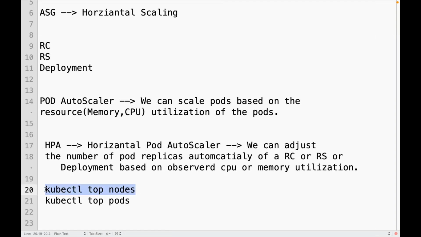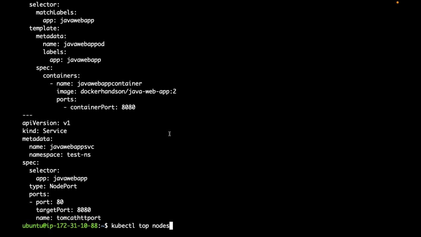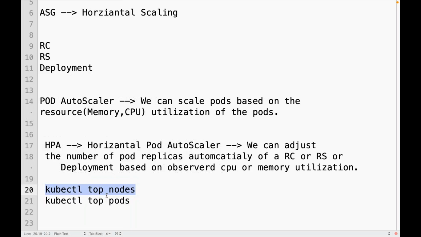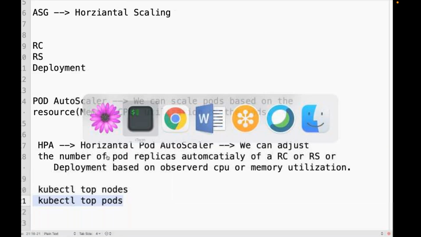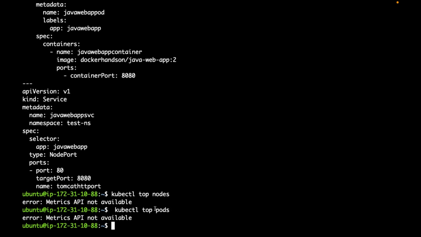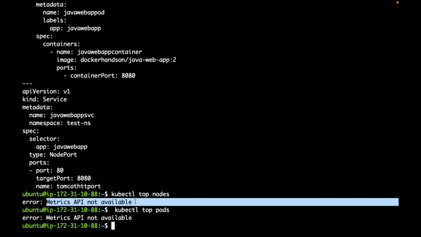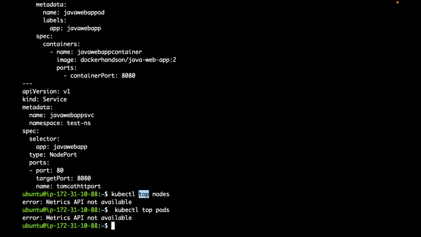We need to have some application hosted in the cluster so that it can gather the information about your pods, how much CPU utilization, how much memory utilization on the nodes or on the pods. If you see, by default, is it working? Do we have any metrics? There is no metrics API available to get the data.